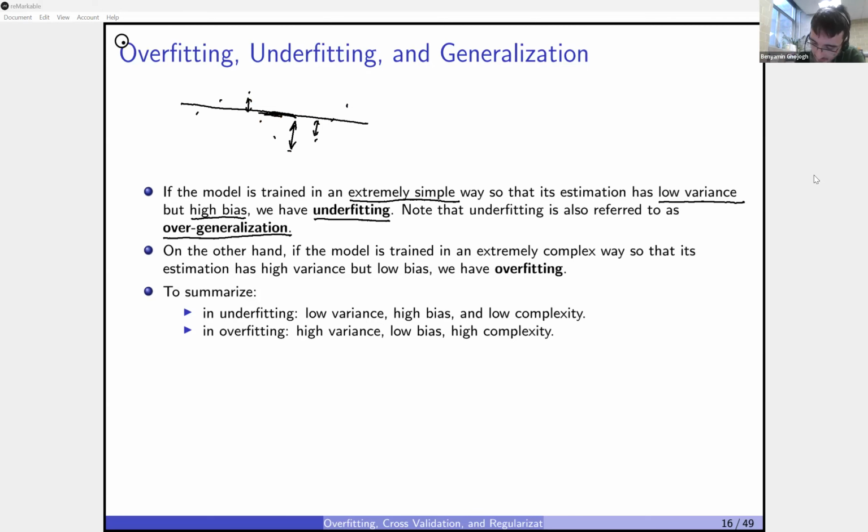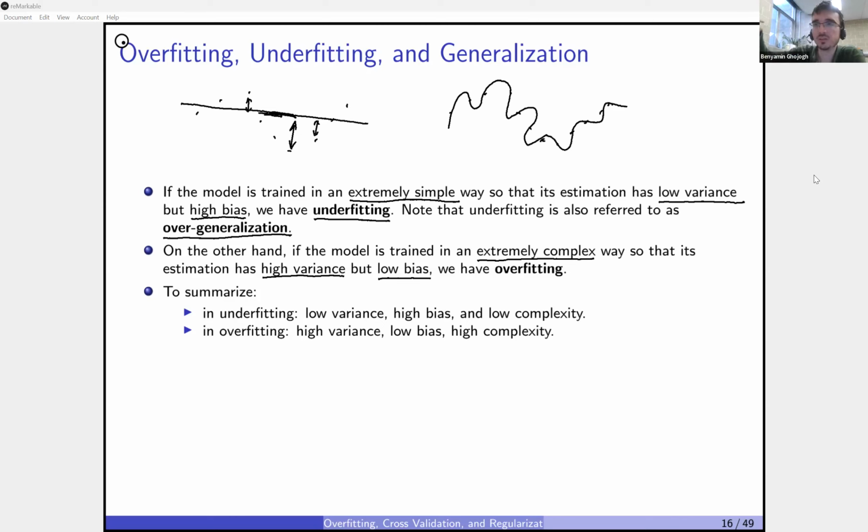On the other hand, if the model is trained in an extremely complex way, so that its estimation has high variance but low bias. An example is the same data points that we have, and we pass through all of the data points, right? Then it has high variance. Why?